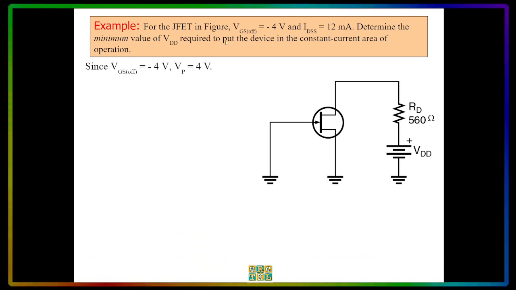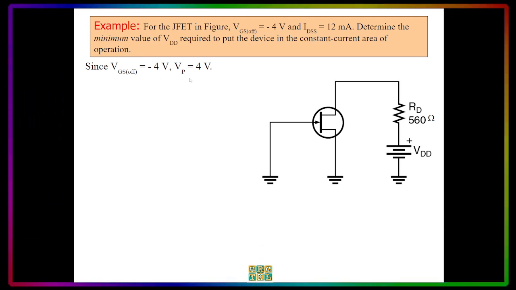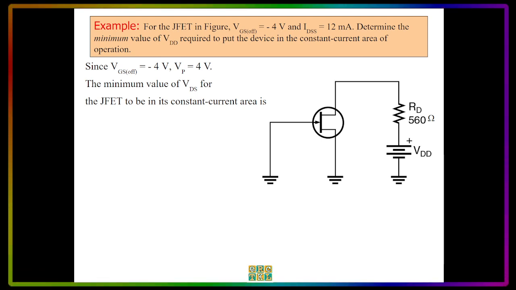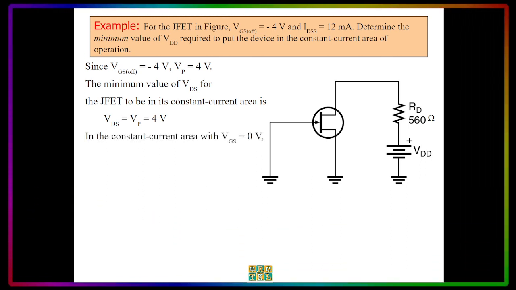Because we are given a VGS off of minus 4 volts, as we have mentioned in the previous video, the VP will be equal to 4. So we just copy the number 4 and make the negative become positive. The minimum value of VDS for the JFET to be in its constant current area will be equal to the following: VDS is equal to VP, which is 4 volts.